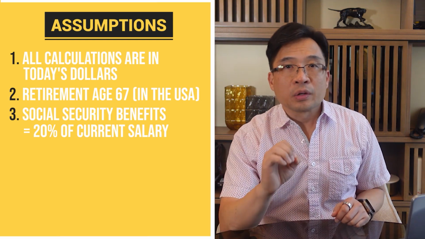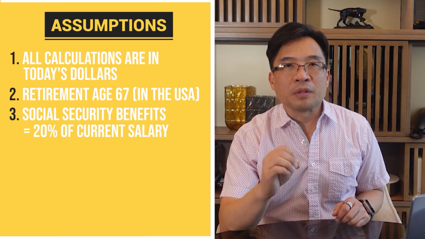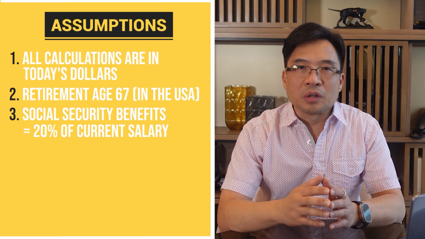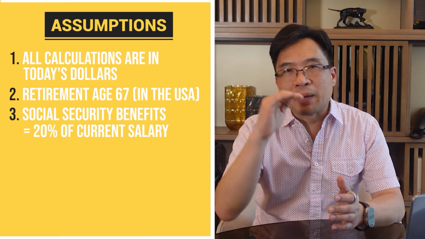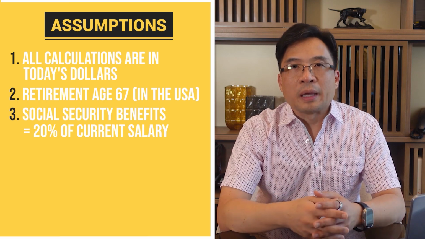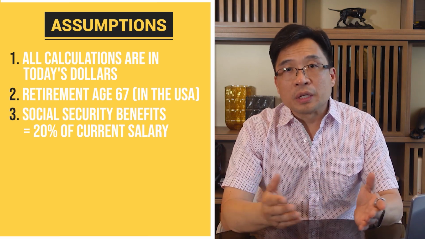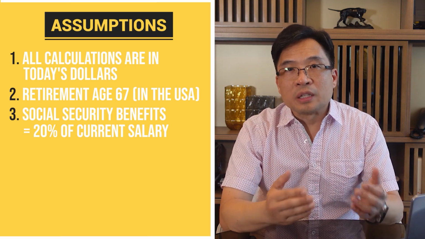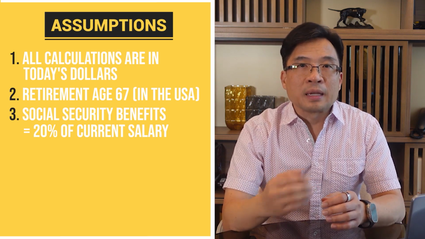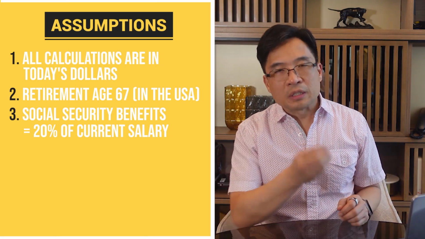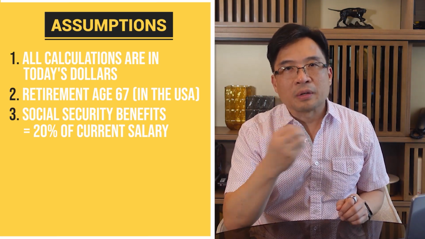By the way, the current maximum amount that you can receive from Social Security is $54,660 annually. So that's the max limit that Social Security will pay, and I programmed the spreadsheet to cap it at that maximum. The good news is that these are in today's dollars because Social Security has a cost of living adjustment, so it keeps up with inflation.